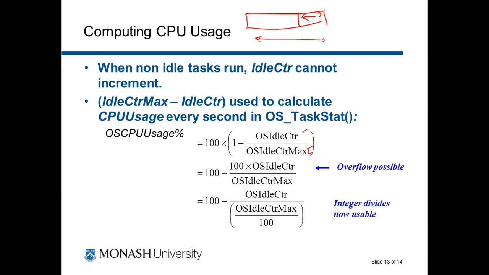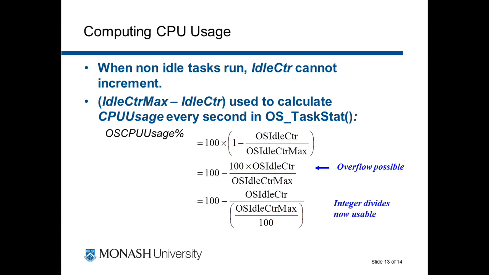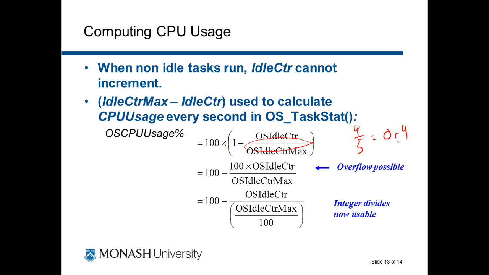And then the reason why they've done this manipulation is that this function is going to be an integer division. So if you do an integer division of a fraction, you generally get 0. So, 4 divided by 5 is equal to 0, remainder 4.